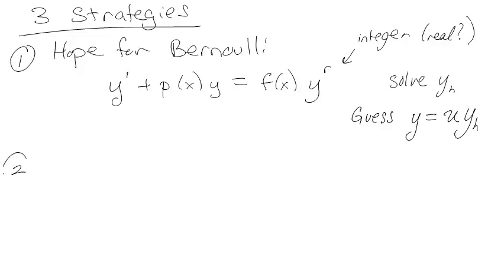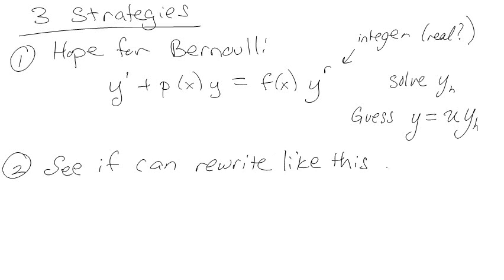The second strategy is to see if you can rewrite it in terms of y over x. So if you can rewrite it such that y prime is a function of y over x.